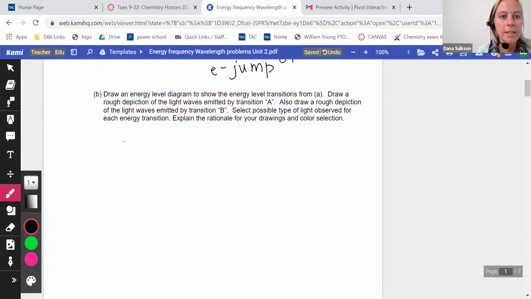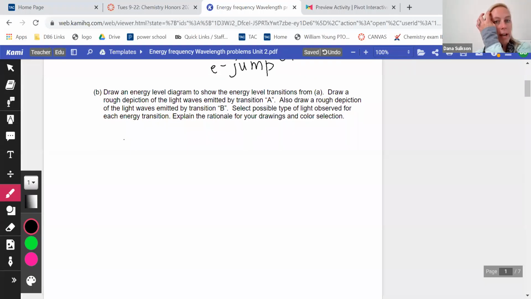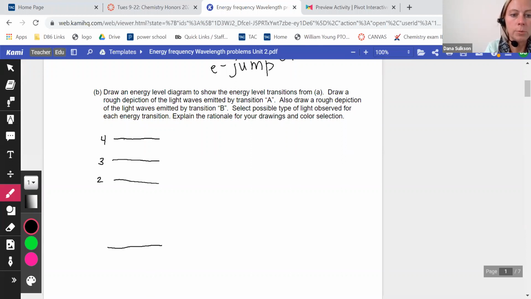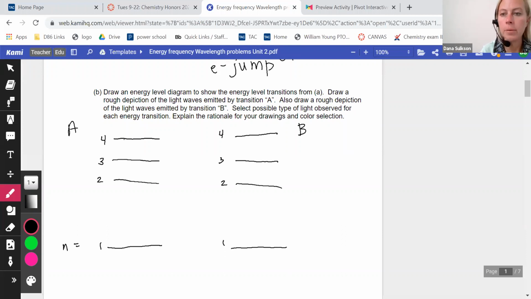And letter B says draw an energy level diagram. So if I'm asking you to draw an energy level diagram, this is where we draw the lines. So I'll have 4, 3, 2, and 1. Remember, n is energy level. This is my electron A. Electron B, I'm going to draw the same energy levels: 1, 2, 3, 4.